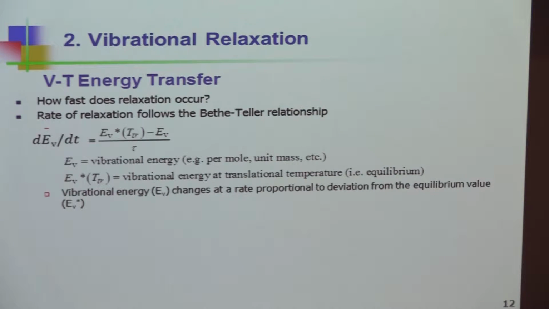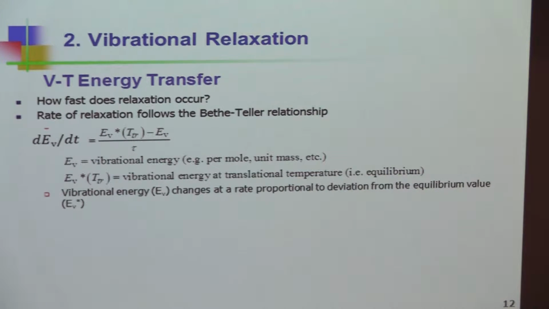And that rate of change, the rate of change of vibrational energy, is given by a very famous Bethe-Teller equation, came from around 1950 probably, that says that the rate of change is proportional to the difference between the equilibrium value that would apply at translational temperature and the current vibrational energy over tau.